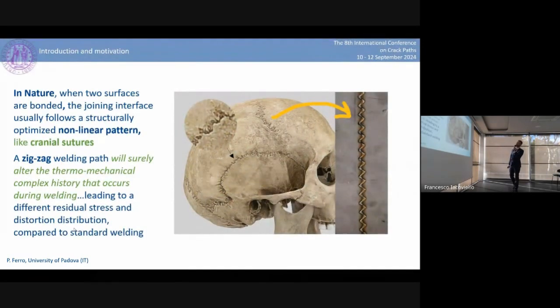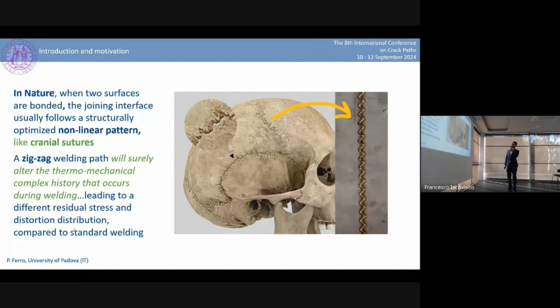Let's talk about the introduction and motivation. This idea came from nature. As we can see in this picture, when nature tries to join two surfaces, it uses a non-linear pattern, as you can see, for instance, in these cranial sutures.